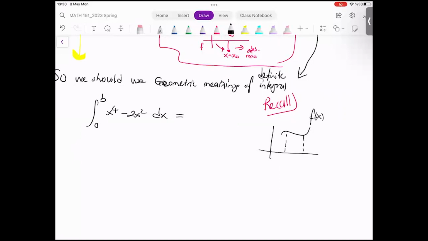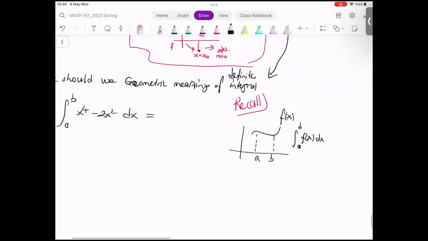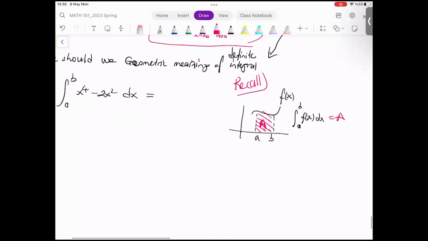And let's say you are trying to compute the definite integral of your function from a to b. How do you relate this definite integral to this area A? So this is exactly the area under your curve, right? A.